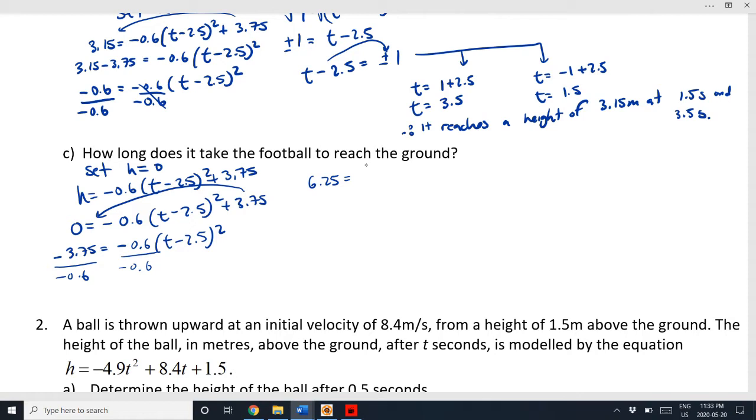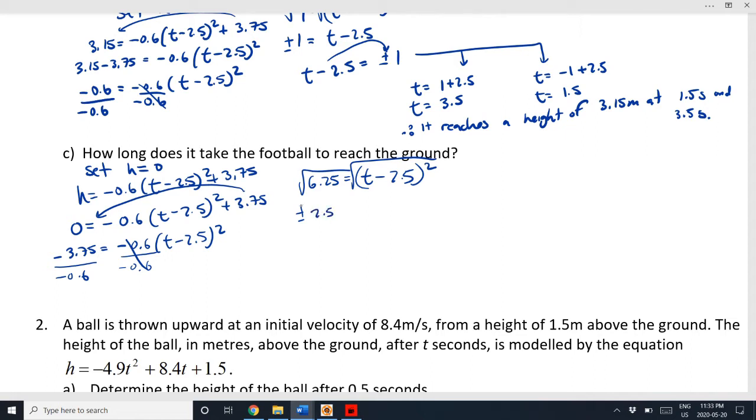So 6.25 is going to be equal to, this is going to cancel, (t minus 2.5) all squared. And again, we want to get rid of the square, so we're going to take the square root. And there we go. And so we're going to get plus or minus the square root of 6.25, and the square root of 6.25 is 2.5.